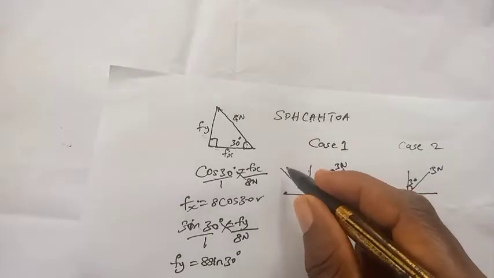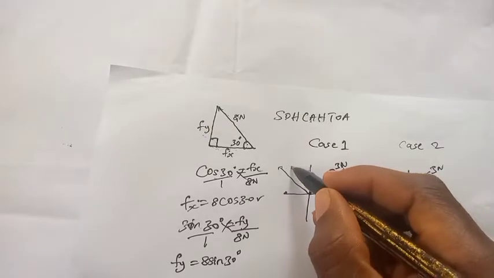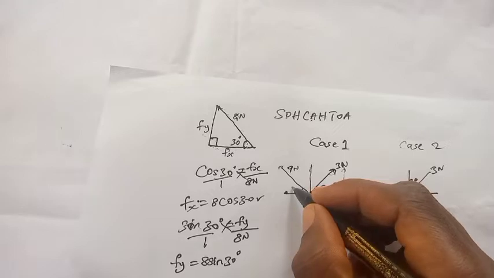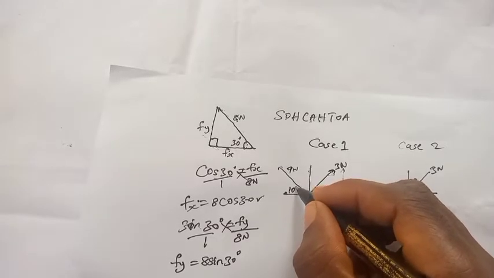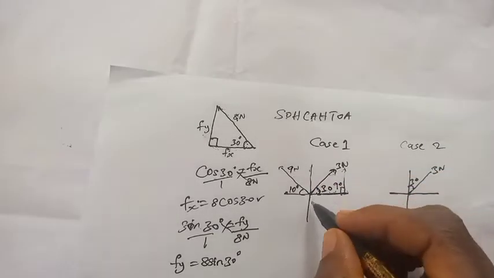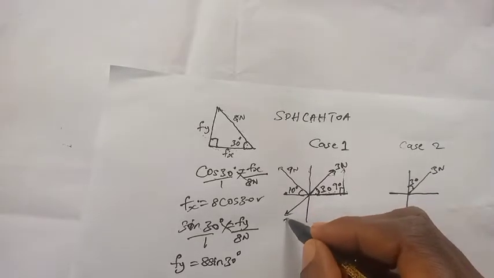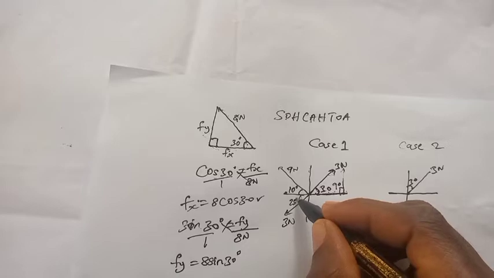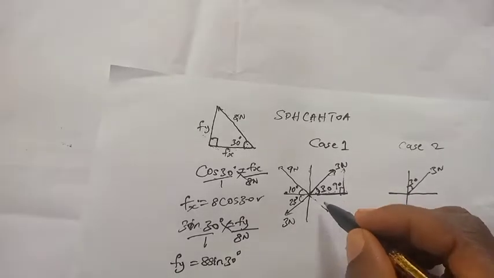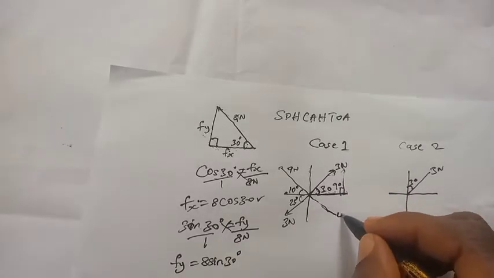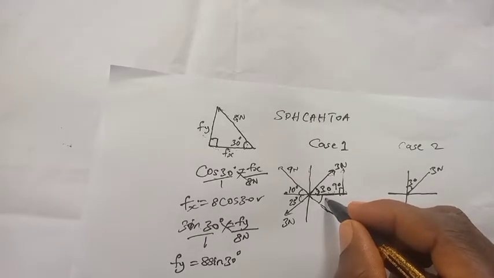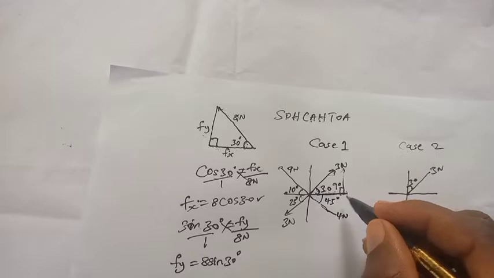Any force we see like this is going to take cosine theta. Let's say we have another force here that is 9 Newton, inclined at an angle of 10 degrees. Remember, this is not drawn to scale. We also have another one of 3 Newton inclined at an angle of 25 degrees, and another one of 4 Newton inclined at, let's say, 45 degrees.